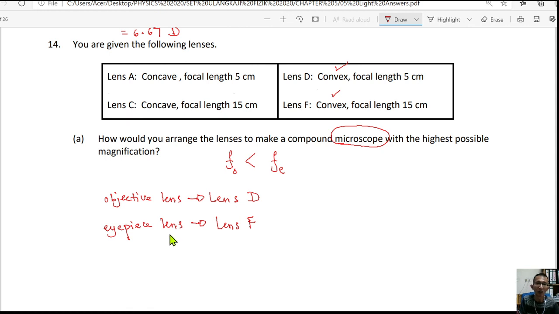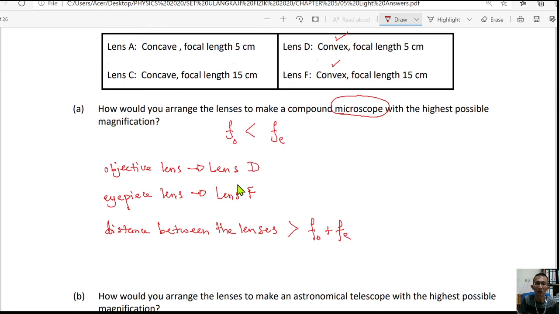Alright, so that is point number 1, right? We have 2 points. One is the focal length, and the second one is the distance between the lenses. So the distance between the lenses must be greater than FO plus FE.